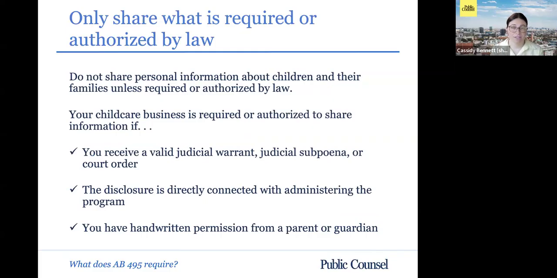When you are asked to share information, you should only be sharing what is required or authorized by law. So do not share personal information about children or their families unless required or authorized by law.